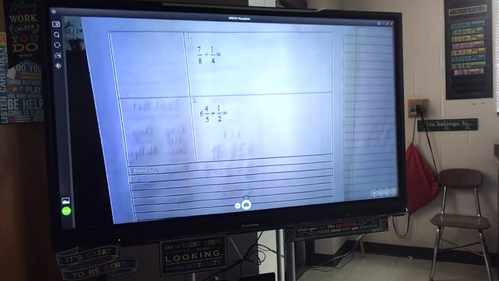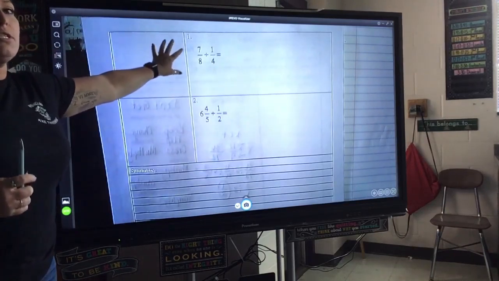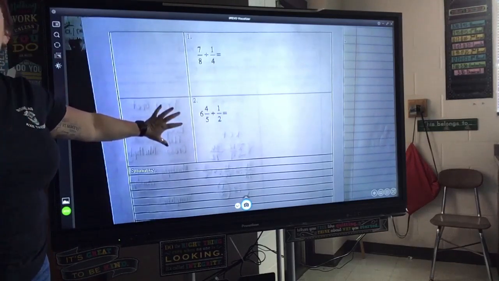All right, flip it over. On the back, you have 2 practice problems. We just spent a little bit of time talking about the different ways that you can solve these problems. I don't care which way you pick, but you have to do 2 different ways: one way for the first example and a different way for the second example.